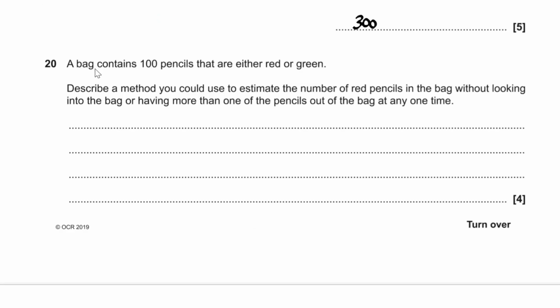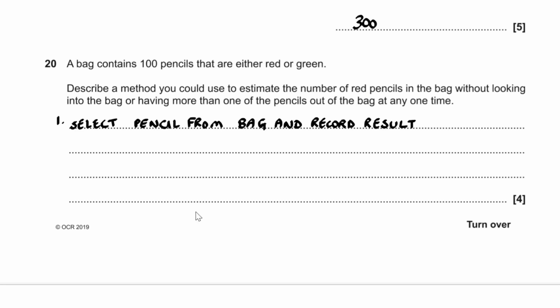Question number 20. A bag contains 100 pencils that are either red or green. We have to describe a method you could use to estimate the number of red pencils in the bag without looking into the bag or having more than one of the pencils out of the bag at any one time. The first thing we can do is select a pencil from the bag and record the result. The next thing, we put the pencil back into the bag.